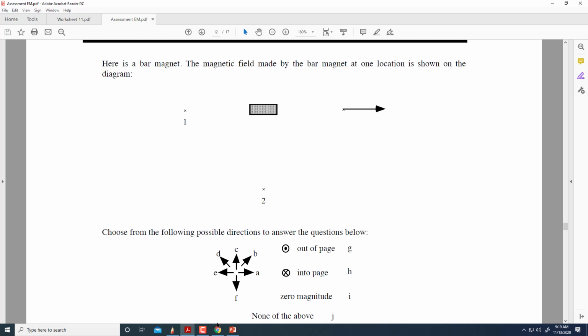If that's the direction of the magnetic field, what would be the direction of the magnetic field at point 1 and point 2? Will the direction of magnetic field at point 1 be to the left, to the right, up? So which way would be the magnetic field? To the right? Why is that?